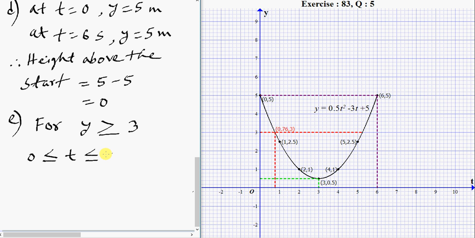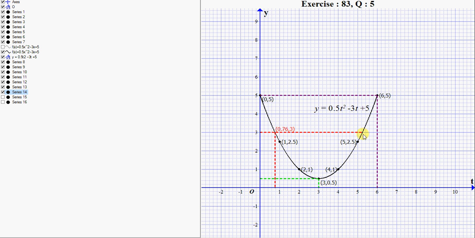Now second point is this, we are drawing this line parallel to the y-axis, and here the range will be from this point to this point, and this point is, if you use the graph you will get 5.24, that is t is 5.24 here.